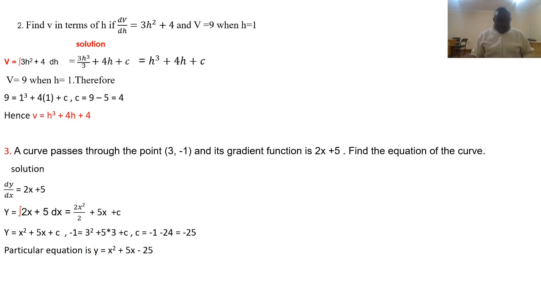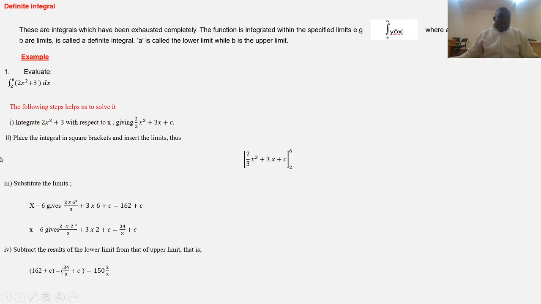Now, definite integrals. When we talk about definite integrals, these are integrals which have been exhausted completely. The function is integrated with specified limits, like we have limits a and b, you integrate y with respect to x, where a and b are limits, and this is what we call a definite integral. a is the lower limit, and b is the upper limit.